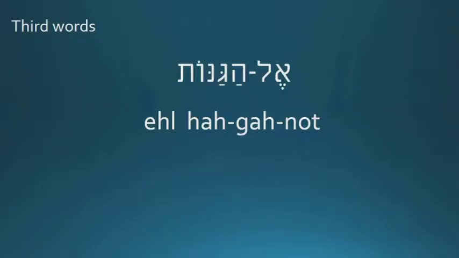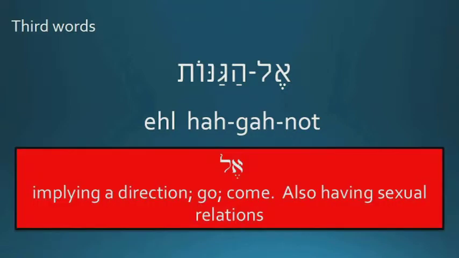The third word is actually 2 words. You can see that by the makef between al and haganot. Al, or el, is implying a particular direction. It means go or come. According to the rabbis, it also seems to have a sexual connotation or a relationship to sexual activities.